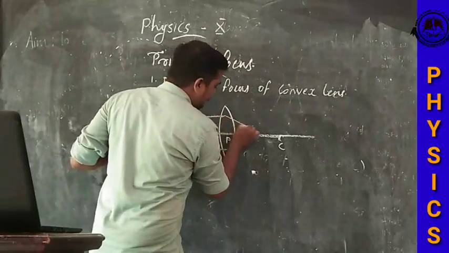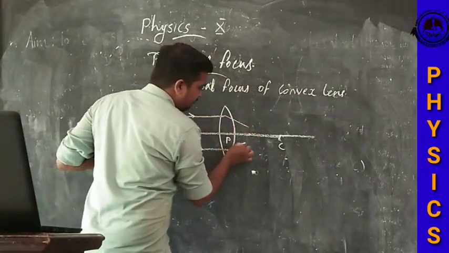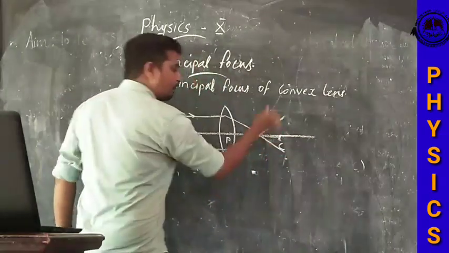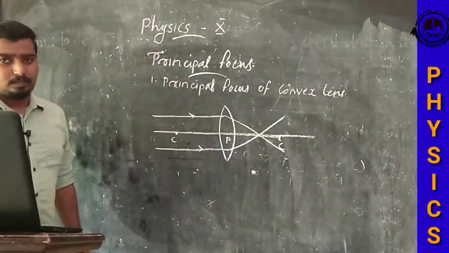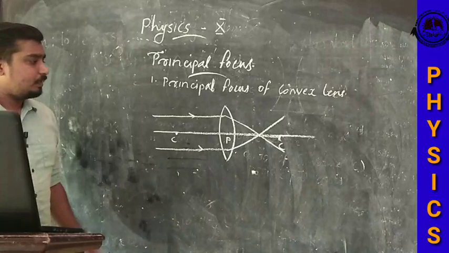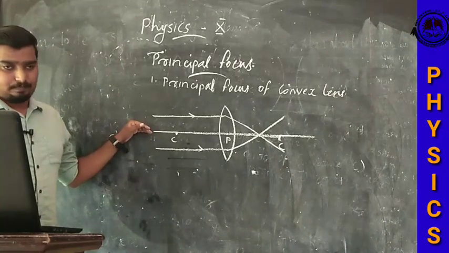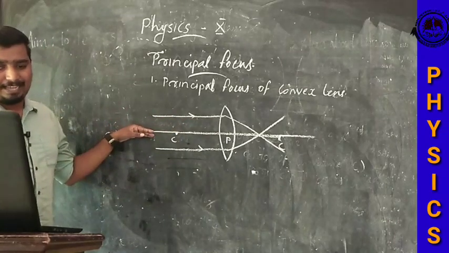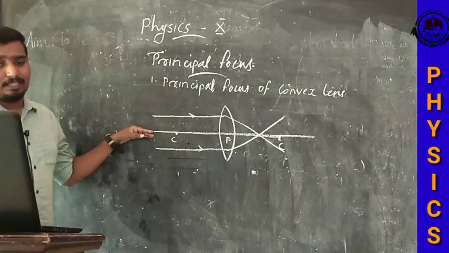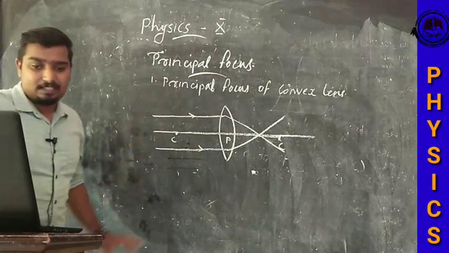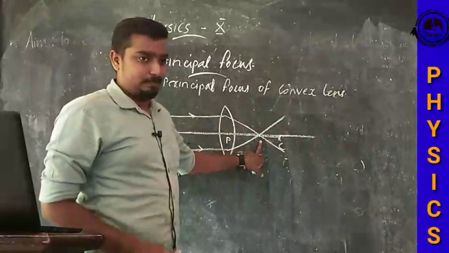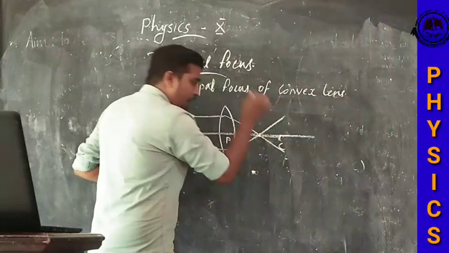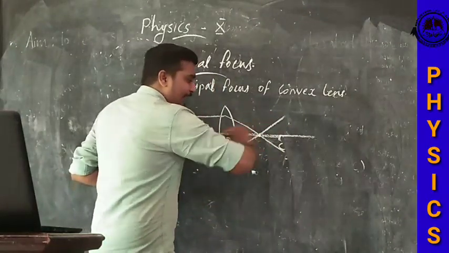The light deviates and converges to a point. When light rays pass parallel to the principal axis, the refracted rays converge to a point on the principal axis.